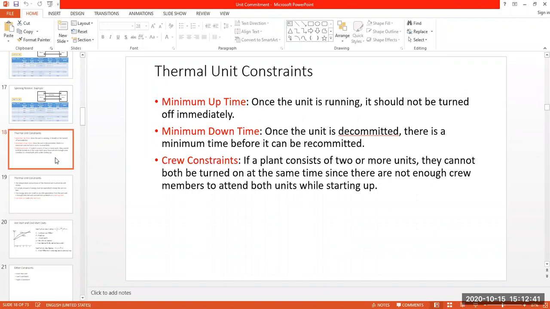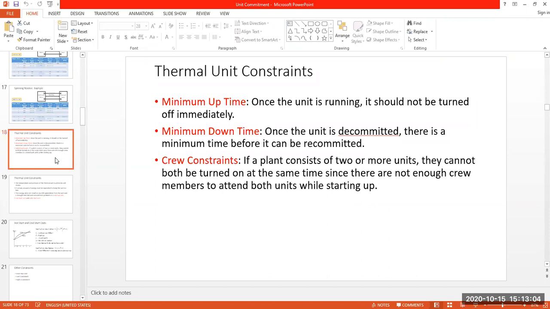First of all, we have a constraint named minimum uptime. Let's say one of your units is running and supplying power. Everything was fine. So you should not turn it off immediately.